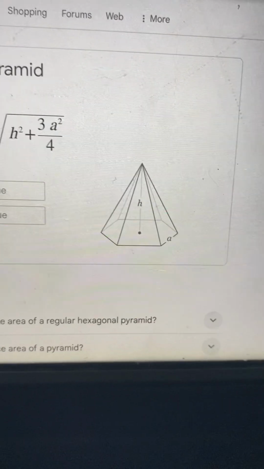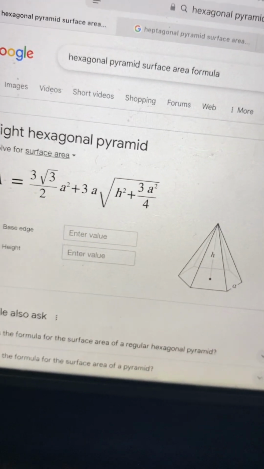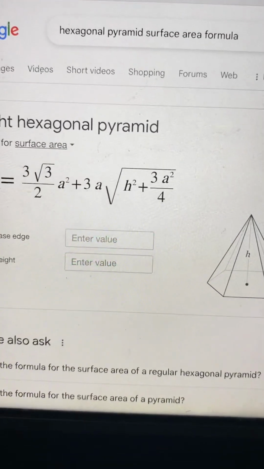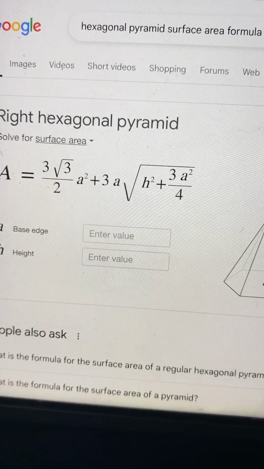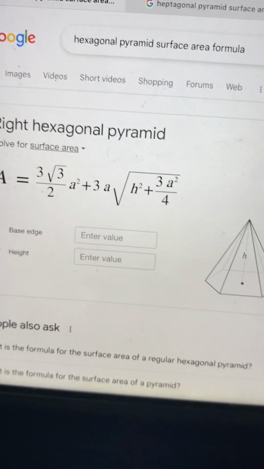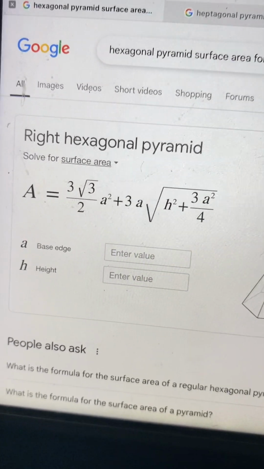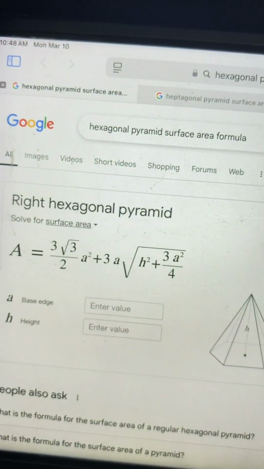So, the surface area of a hexagonal pyramid is also very complicated. Don't worry, there is no tan, cos, or sin over here. In other words, there are no sine, cosine, or tan, or trigonometry concepts. We're not going to learn about trigonometry. Don't worry. Even I don't understand trigonometry.